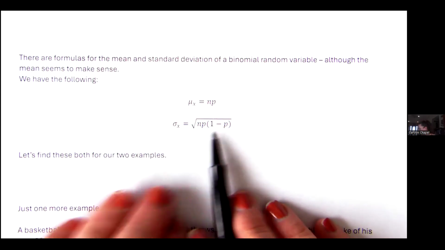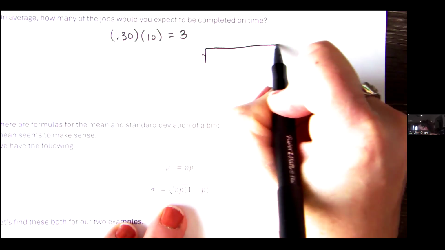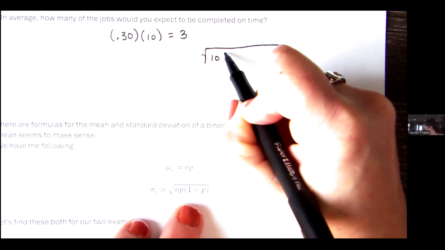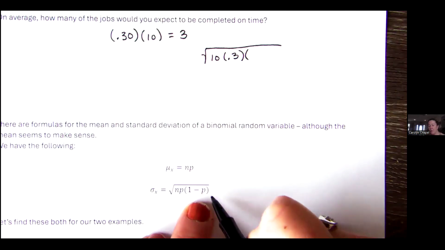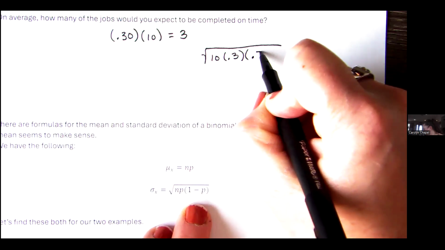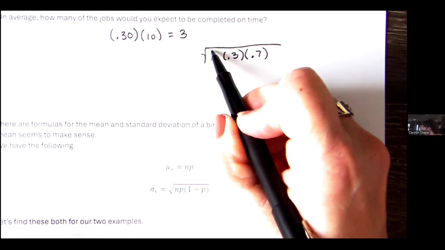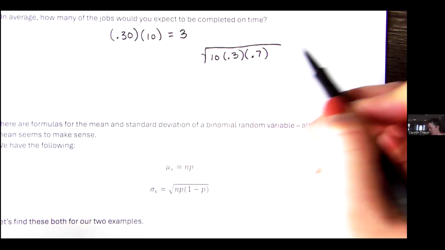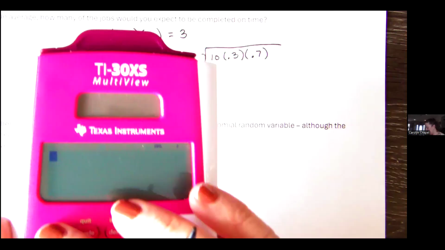So we could find our standard deviation by taking the square root of n, 10, times p times 1 minus p. Remembering 1 minus p is the probability of a failure, that would be 0.7. I'm going to get my calculator, and I have to remember that these 3 values are all under my square root. There's my square root button, right above my x squared key.